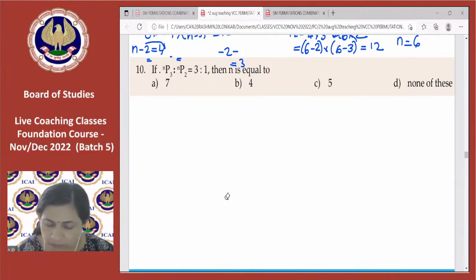We have already solved question number 8 also, right? Yes, it is a positive integer.